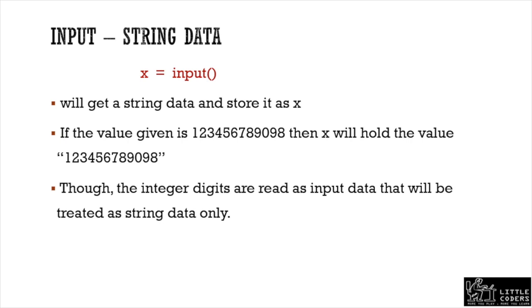That means we can give the input only as string alone. That is, whatever value that has been given for this input statement will get a string data and store it as x. Even if you give the value as 1, 2, 3, 4, 5, etc. up to 0, 9, 8, then x will hold the value within quote signs.